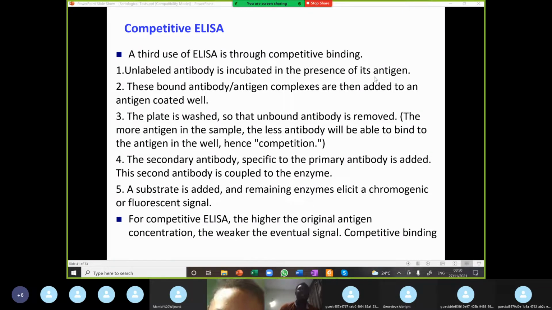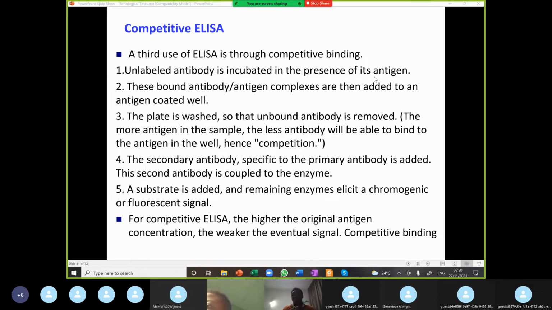So we take a patient's sample, blood, serum, and we allow it to incubate, so we mix it with a particular concentration of antigens. We know the concentration of antigen, but we don't know the concentration of the antibodies in the patient sample. So we allow the patient sample to react with this antigen.